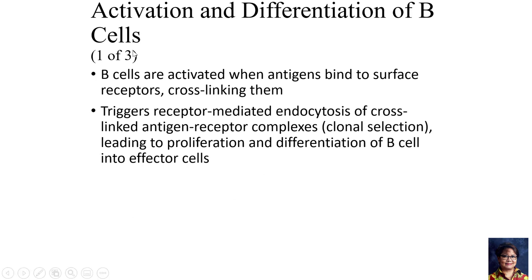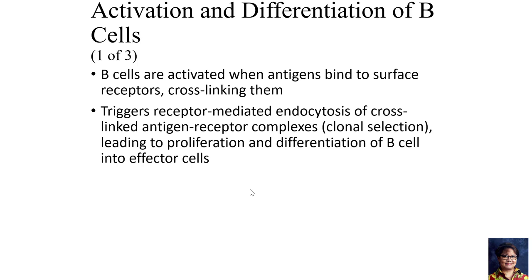Which means if the B cells recognize, okay, he is an enemy, then there's going to be a receptor mediated endocytosis of cross-linked antigen receptor complexes. And that in itself is already the act of recognition that will lead to, hey, oh, I know how to fight this.